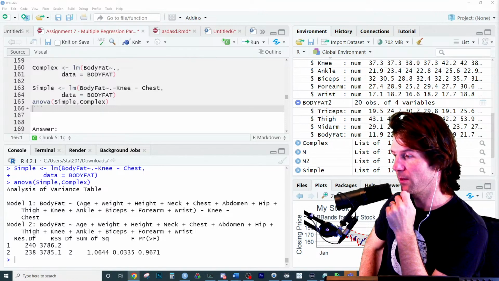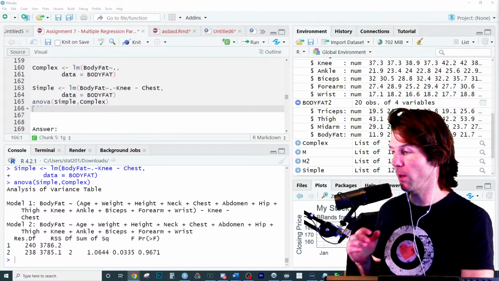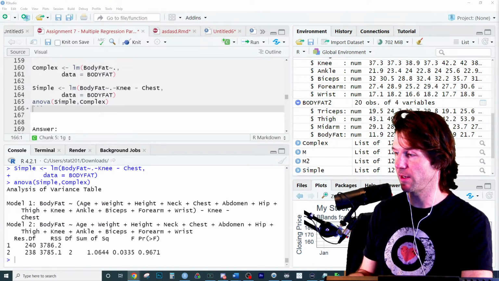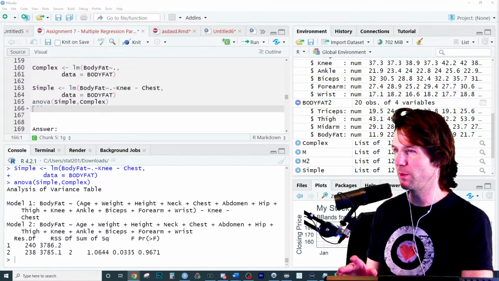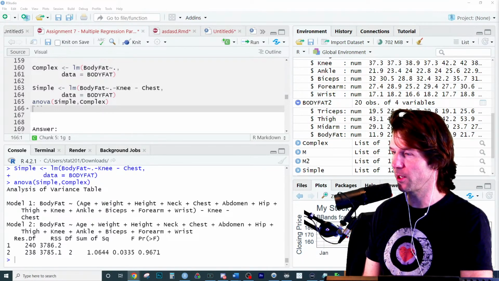What does that p-value mean? So what the p-value means right here is when you do the partial F, you're asking, do I have a statistically significant difference? Okay, so explain more detail, Abby, because you might be right, but I want to make sure.